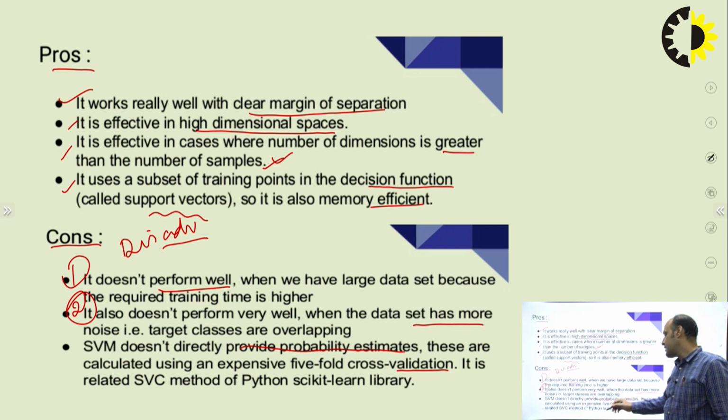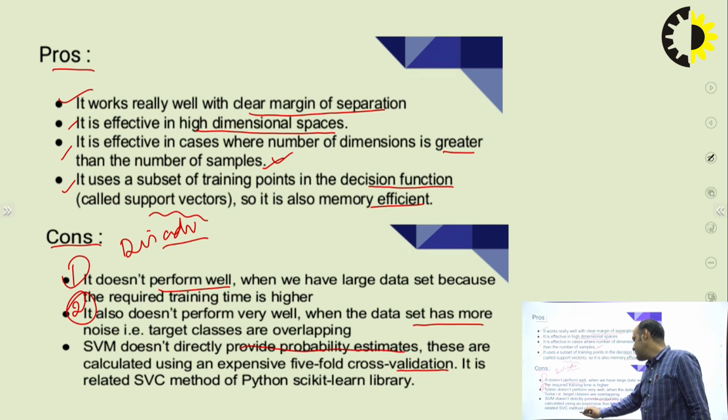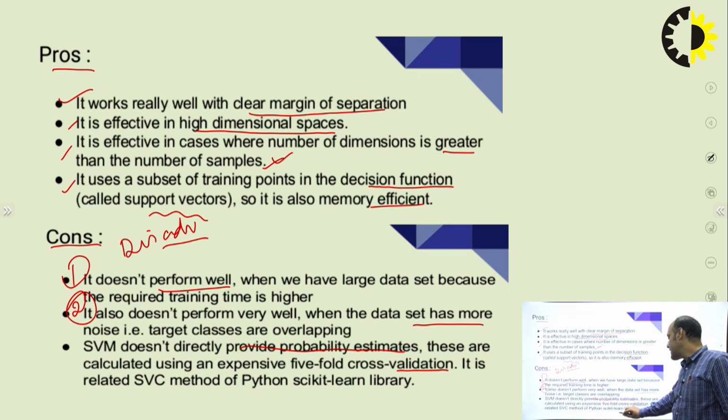For the SVC method of Python's scikit-learn library, we need to use this 5-fold cross validation, which is very expensive. So it doesn't provide probability estimates. So this is the disadvantage. Although if the data is for fast accuracy and fast output, we prefer SVM.